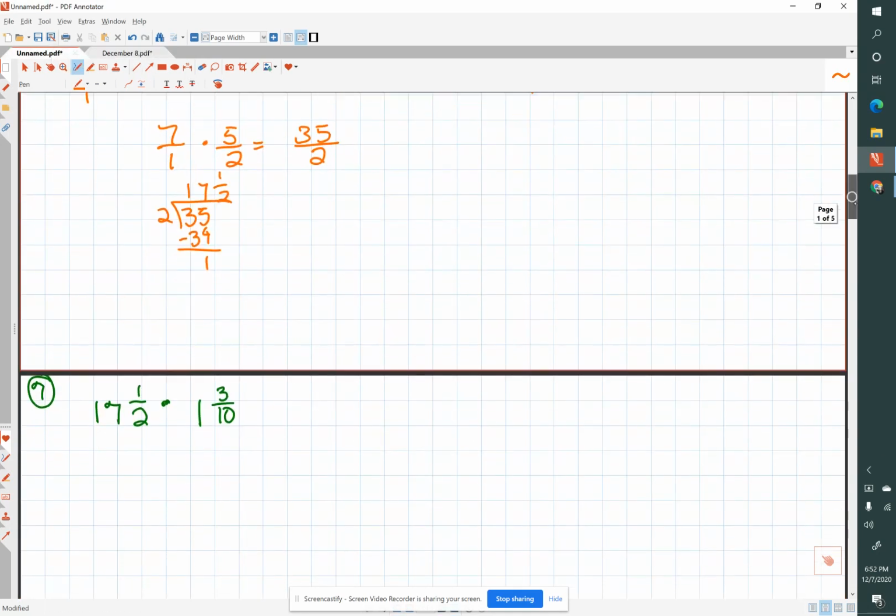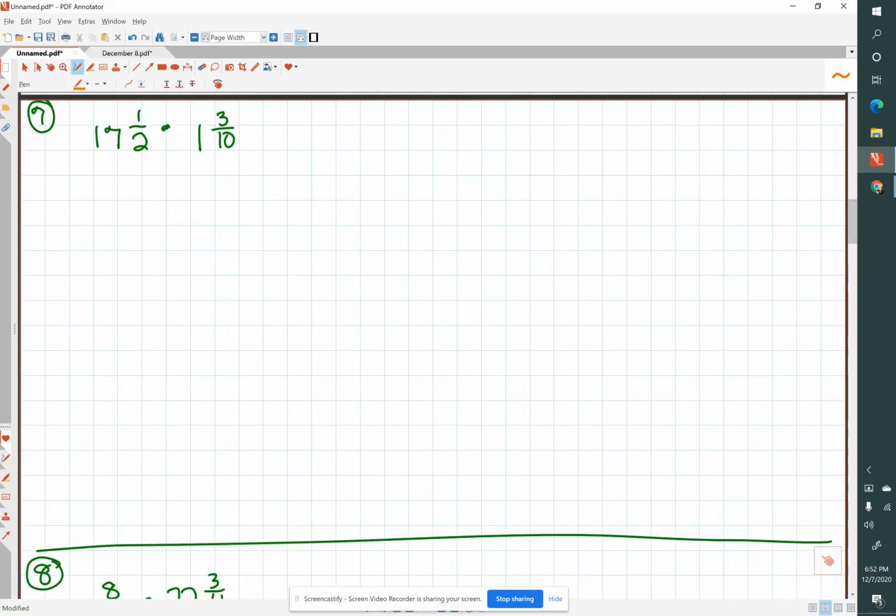So that will be number 7, 17 1/2 times 1 3/10. So 17 1/2 is 17 times 2 plus 1, which is 17 times 2 is 34, plus 1 is 35, over 2. 1 3/10. 10 times 1 is 10, plus 3 is 13.